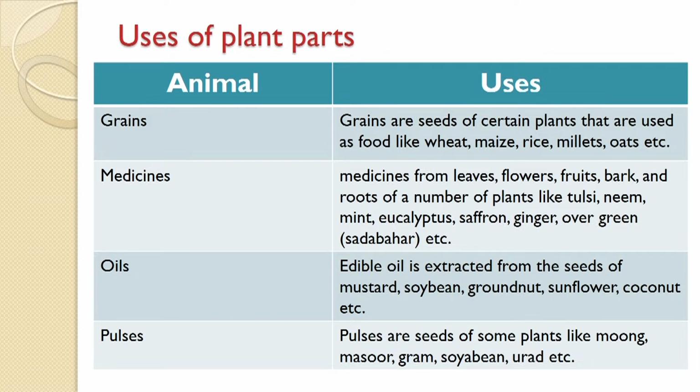And the third one is oil, and these oils are used for edible purposes. They can be extracted from mustard, soybean, groundnut, sunflower as well as coconut. And the fourth one is pulse. Pulses are a good source of protein, and here we can get this protein from masoor, gram, soybean and urad.